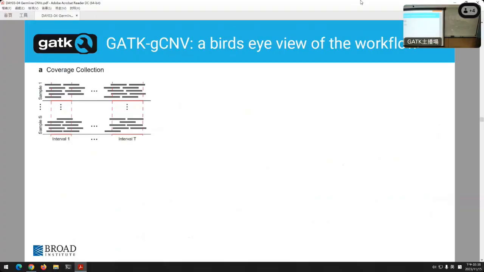So those assumptions, which really come from our biological understanding of copy number variants, are what inform the framework of our model. And then what does the actual GCNV pipeline look like based on that? We start with coverage collection.